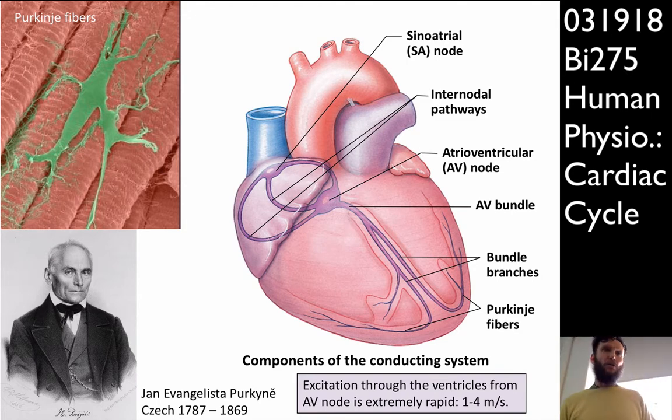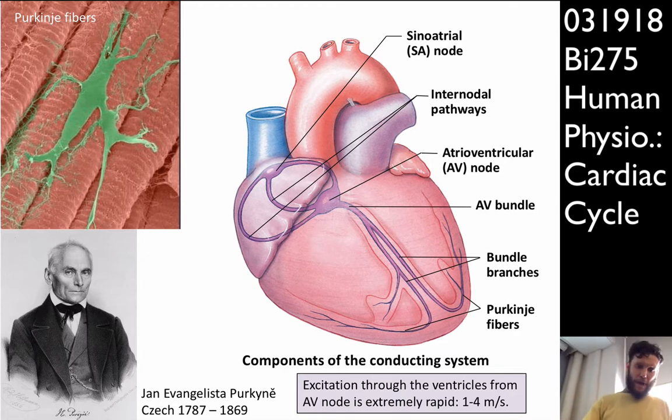The AV node is right at that boundary between the right atrium and the right ventricle. Then emerging from the AV node is the AV bundle, which embeds itself into the interventricular septum, the wall between the two ventricles. Bundle branches emerge, and then they terminate in what are called Purkinje fibers.